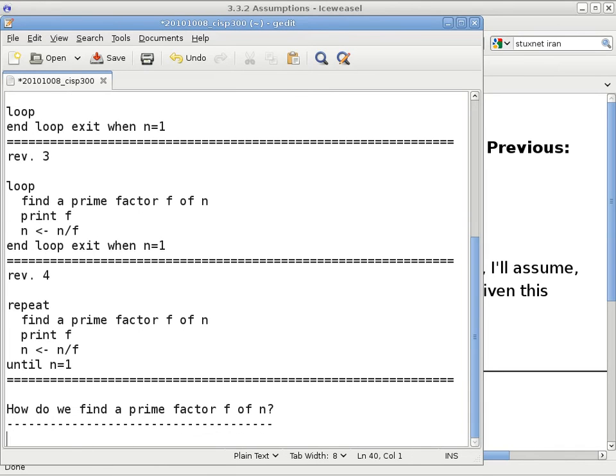Once again, we have to try several things so that we can get a systematic way of doing things. Now, once again, 6 would not be a very good number as an example because guess what? You guys already know all the rules of thumb to find that, 2 is a prime factor of 6. That's way too easy.